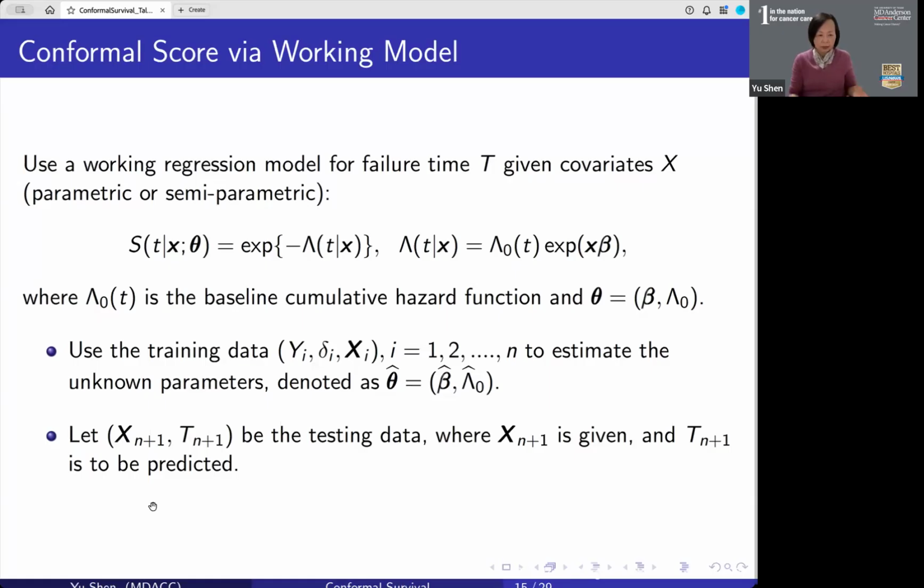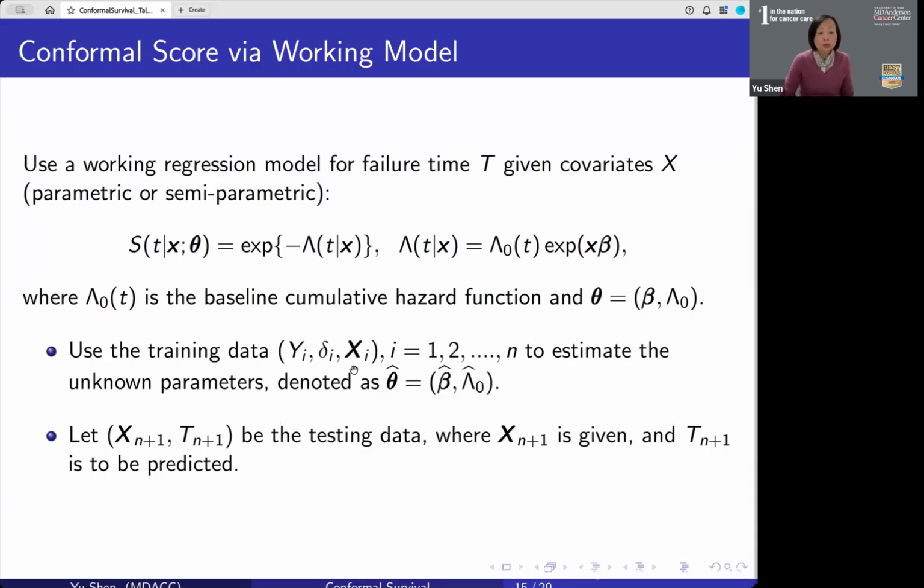Just for the sake of illustration, people all love the Cox model, so we just use the Cox model to illustrate the approach. We assume our working model associates outcome with X as usual in a Cox model. And we denote the covariate coefficient beta and the baseline hazard, all those unknown parameters, as theta.